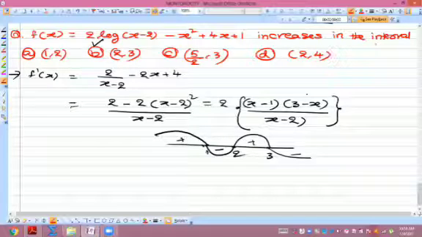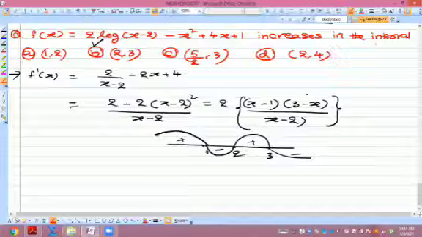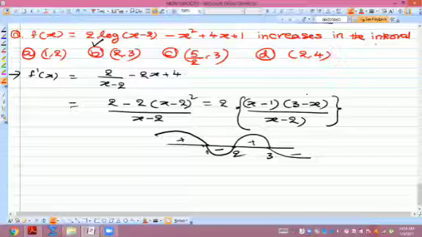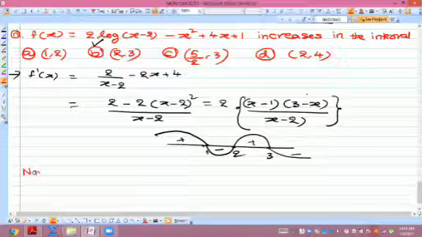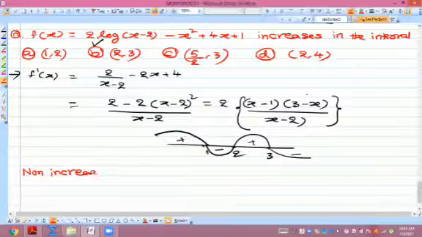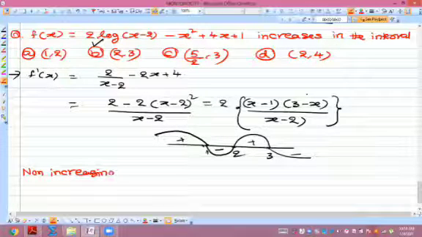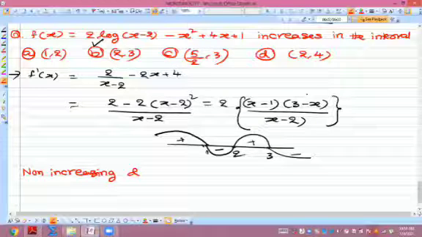Keep the heading: non-increasing and non-decreasing. This is a small difference. If it is increasing, f dash of x should be equal to 0 also, right?